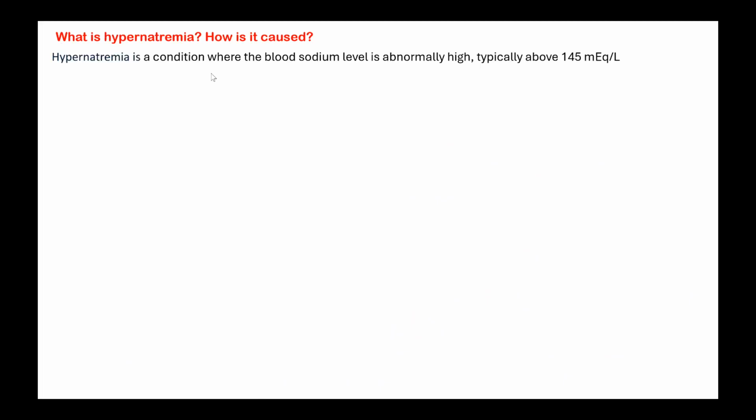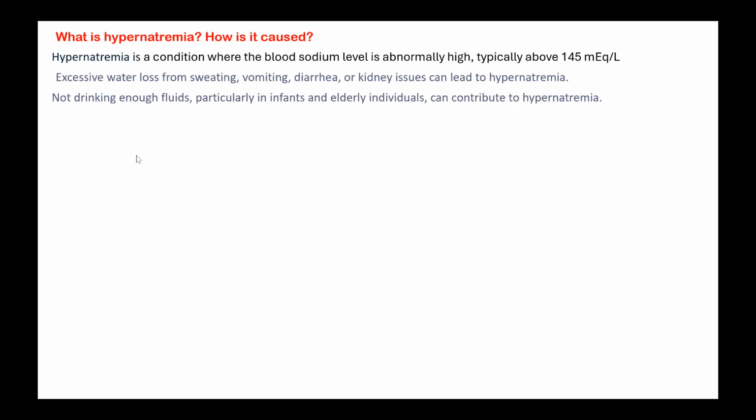Right. So what is hypernatremia? Normally we come across more cases of hyponatremia in our practice, but we can rarely come across hypernatremia also. How is it caused? It is a condition where blood sodium levels are abnormally high, typically above 145 milliequivalents, and it may be because of excessive water loss from sweating, vomiting, diarrhea, or kidney issues, and or not drinking enough fluids, particularly infants and elderly individuals.